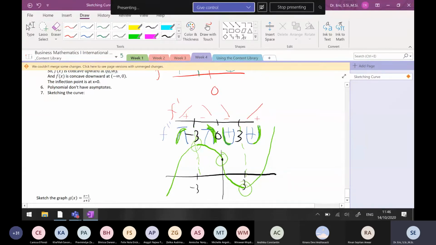But quantitatively, you should point plot: what is the height when x equals 1, 2, 4, 5, 6, minus 2, minus 4, minus 5, and so on. You have to point plot if you want a detailed graph, but qualitatively, this is enough.